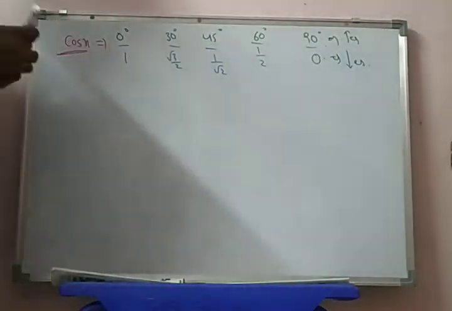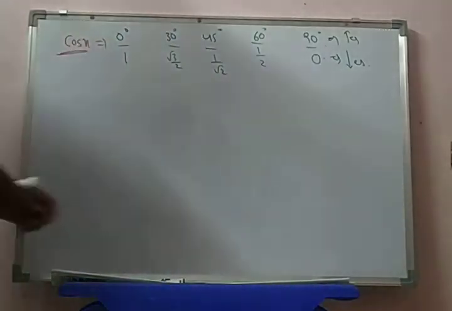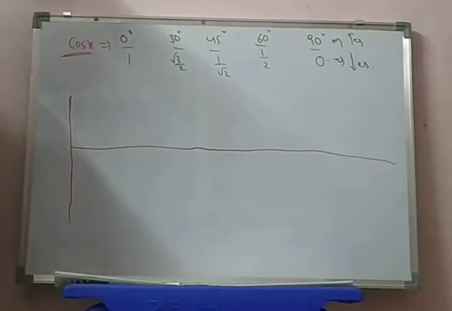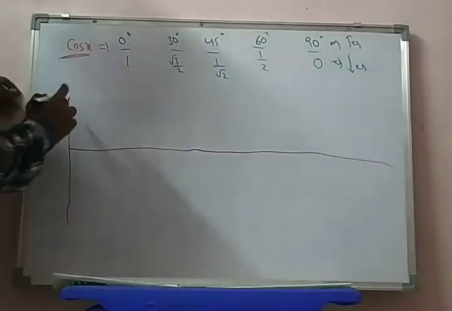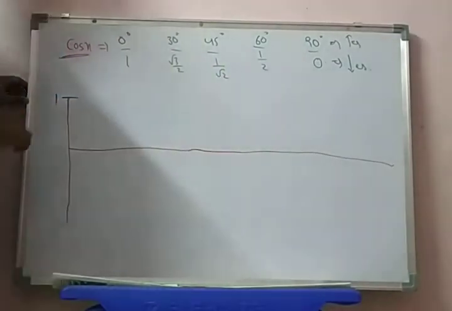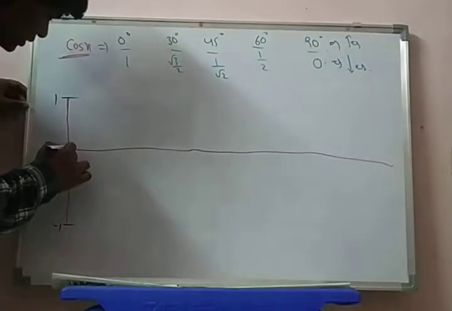Now we are going to draw the graph for cos x. Here the limits of the cos function are also 1 in the positive direction and minus 1 in the negative direction, and this is 0.